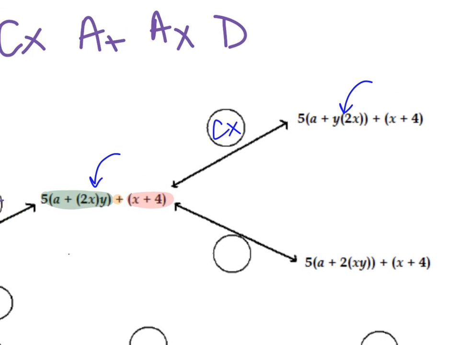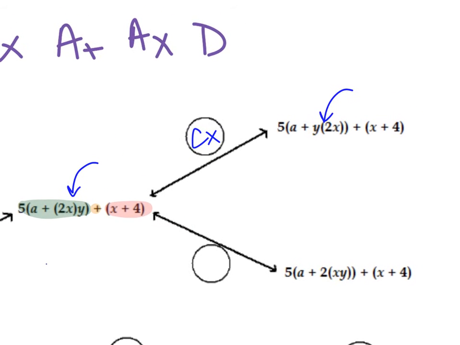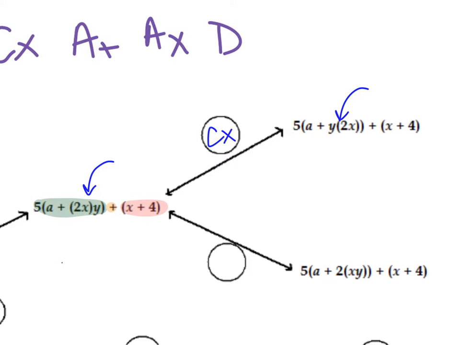Now looking at the bottom one, we have 5 times a plus 2x times y. Let's see what's different. Again, it has to do with that 2xy. Let's find a new color.